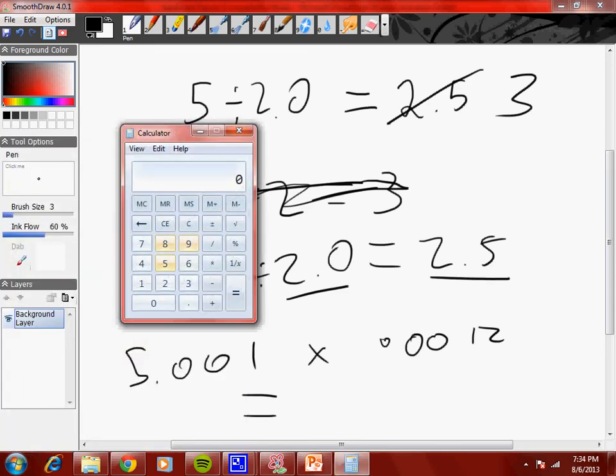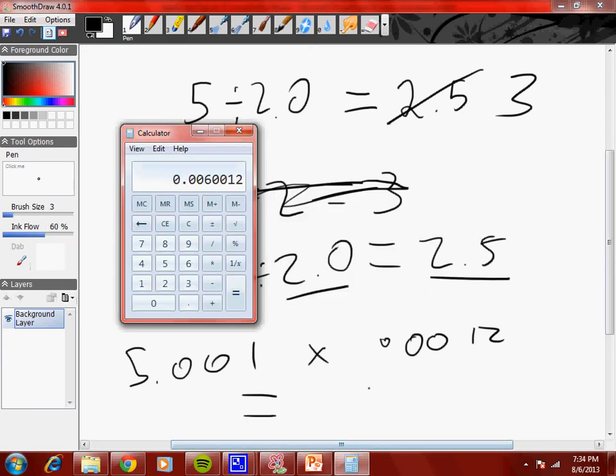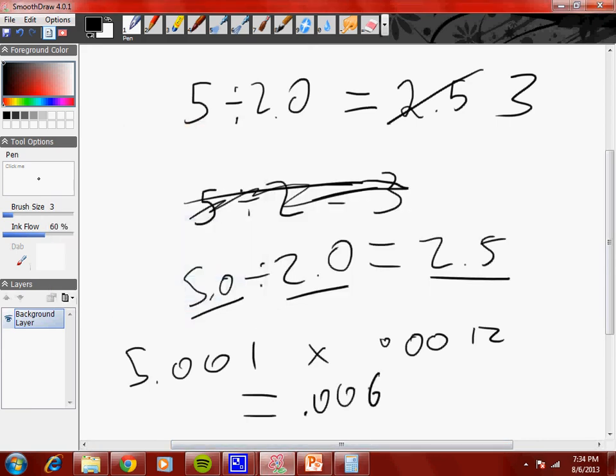5.001 multiplied by 0.0012, our answer should have how many significant figures? You guessed it, 2. However, I do not know what that is when you multiply them. Let's go to the program. 5.001 times 0.0012. Bam.